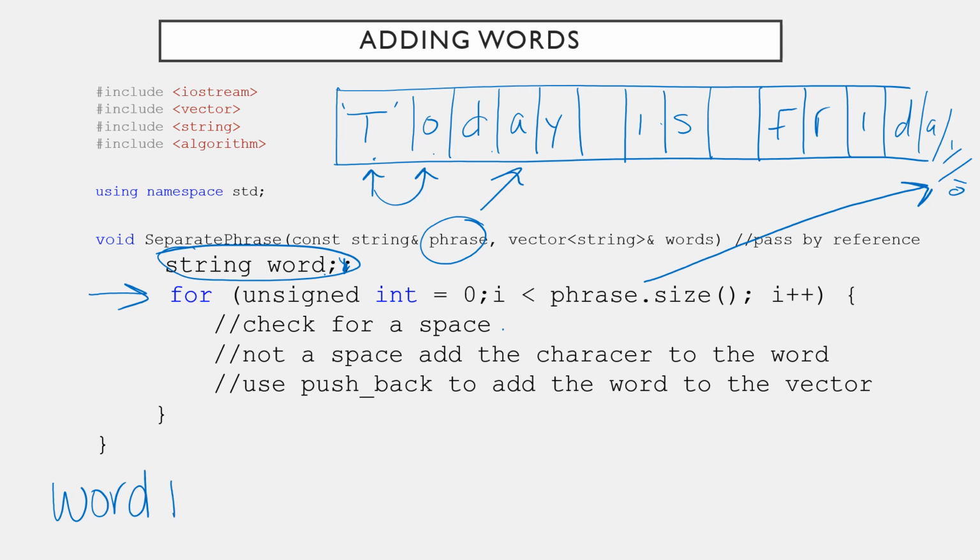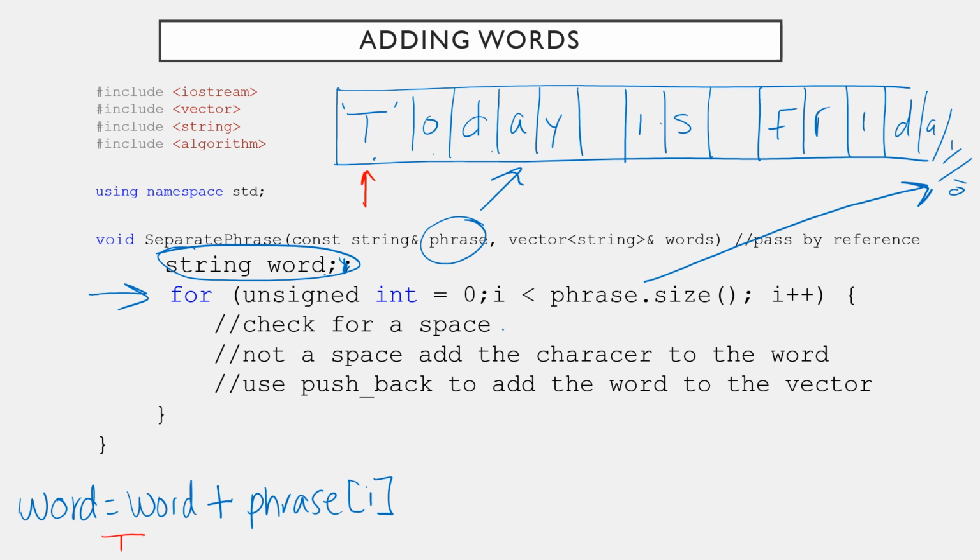And you're going to say plus equals. With the first letter, you have your word here, and you can say word equals word plus phrase of I. What that's going to do is take our first letter, and word is then going to have a T. Then it's going to move to the next one.